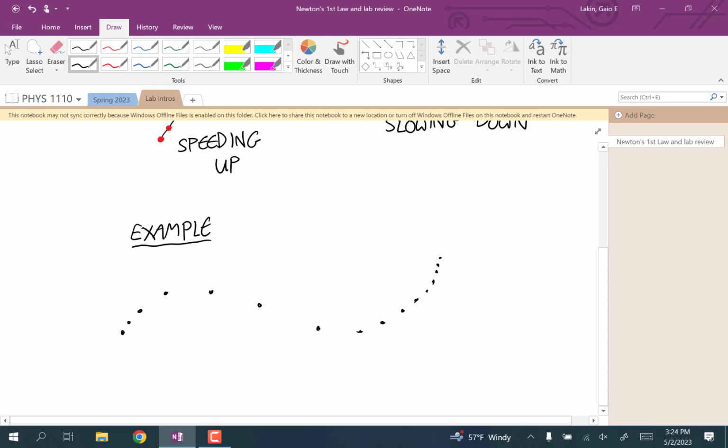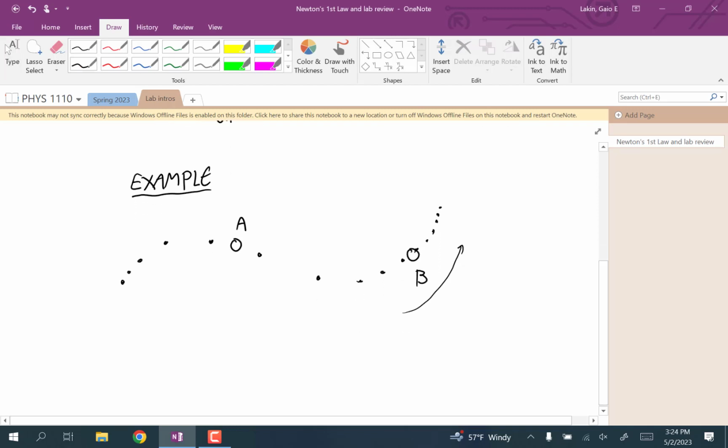Let's say that the object is going this way along the path. And let's say that we have two points that we care about. I'm going to call them point A and point B.